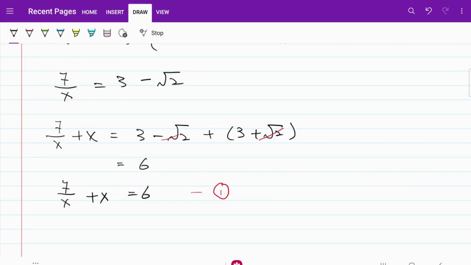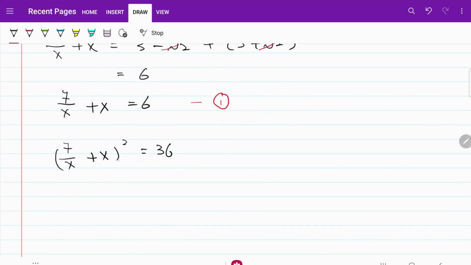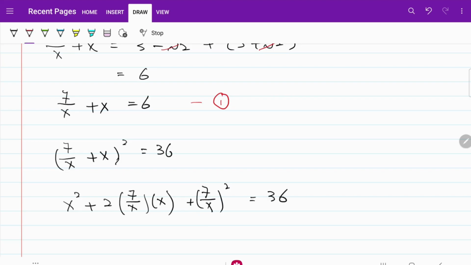If I put a square on equation 1, this is what I will have. I will have 7 over x plus x, bracket squared, which is equal to 36. If I expand out the bracket on the left hand side, I am going to have x squared plus 2 times 7 over x multiplied by x plus 7 over x squared, and that's still equal to 36.